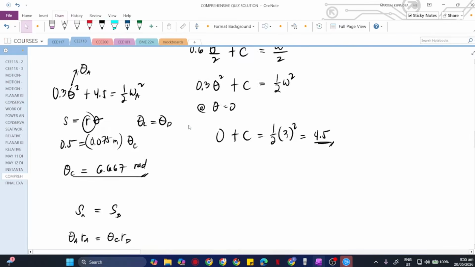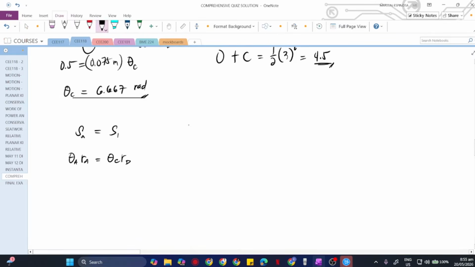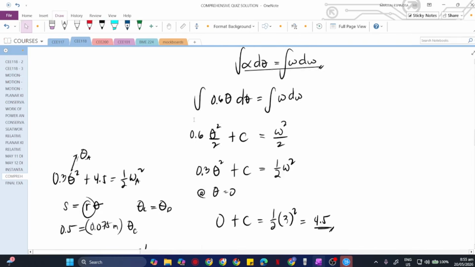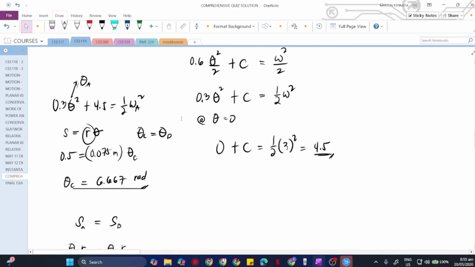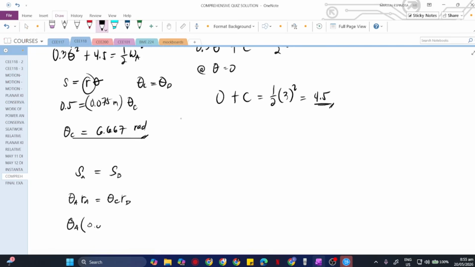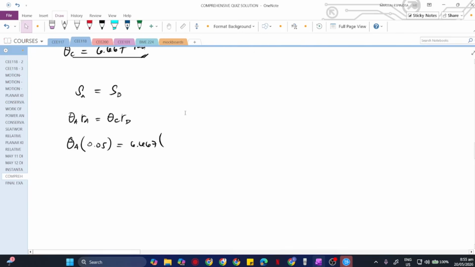Naka-D. Okay, D yan. So, itong part na to is yung distance ng B na move. Similar lang siya dito. Makukuha natin yan. So, kukunin natin yung angle θA. So, yung radius ng A is 50 meters, 50 mm, sorry. 50 mm. So, that is 0.05 equivalent to yung nakuha natin, 6.667. Tapos, RD.